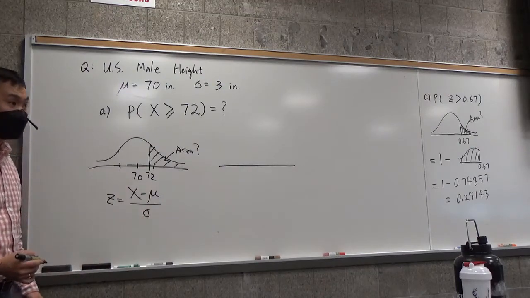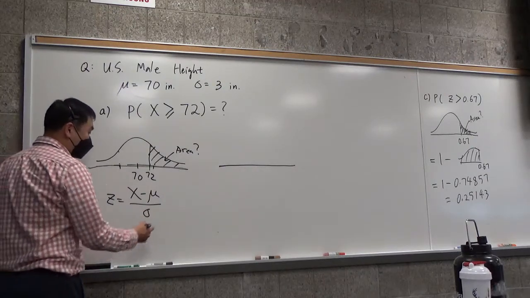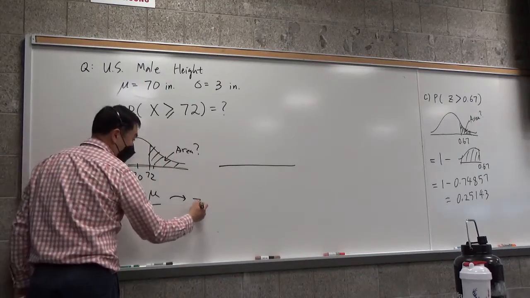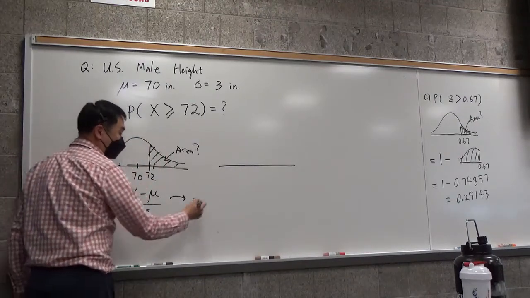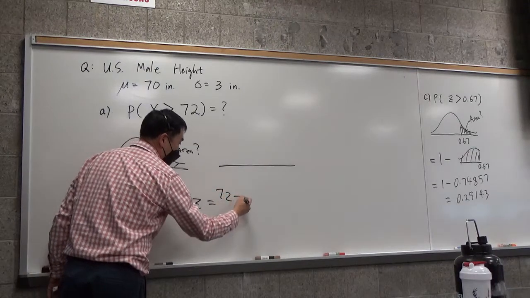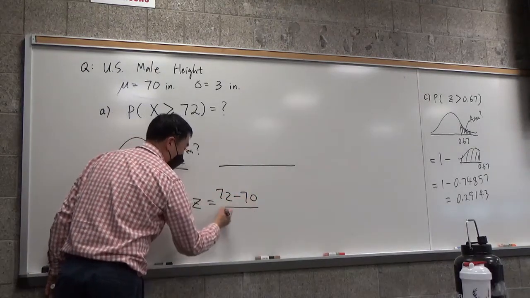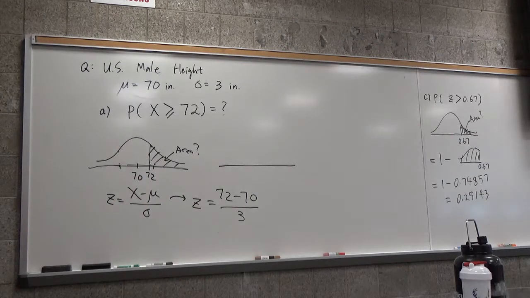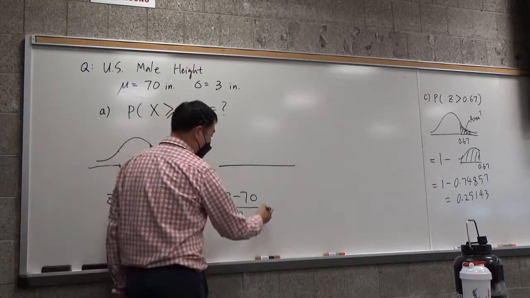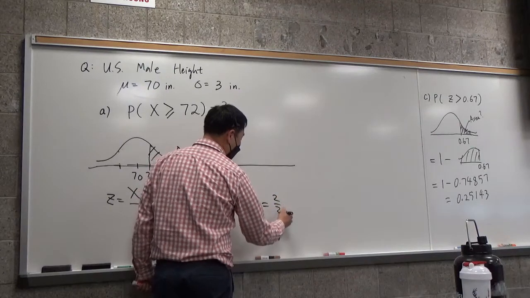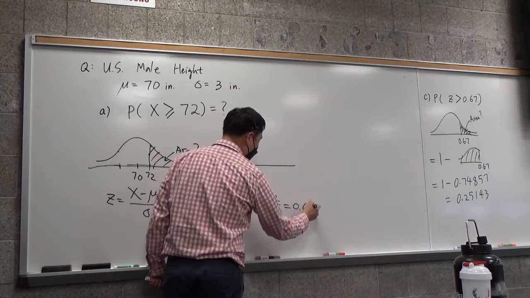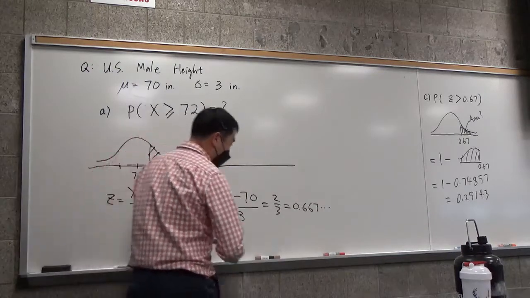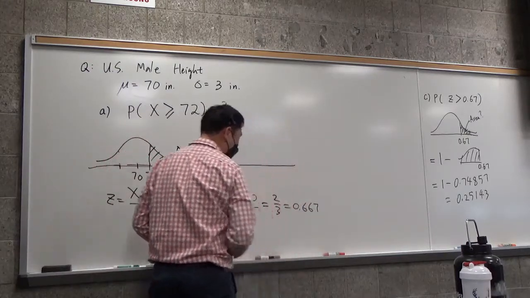Right? So if I do that to the 72, here's what the z-score for 72 is. We take 72, subtract 70, divided by 3. And that gives you 2/3, which is 0.667. It's 6 repeating, but let's just say that.